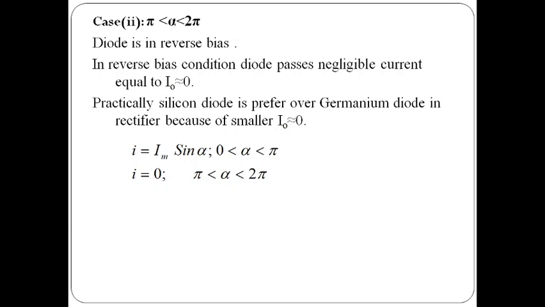By using these voltage and current values, we can analyze the different parameters of rectifiers, such as the average value of output voltage or output current, the RMS value of output current, along with efficiency, ripple factor, and some other parameters. We'll discuss them in the next video. Thank you.